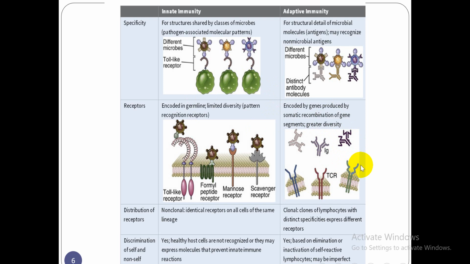You know that the components of adaptive immunity are B lymphocytes and T lymphocytes, and these lymphocytes have specific receptors on their surface.